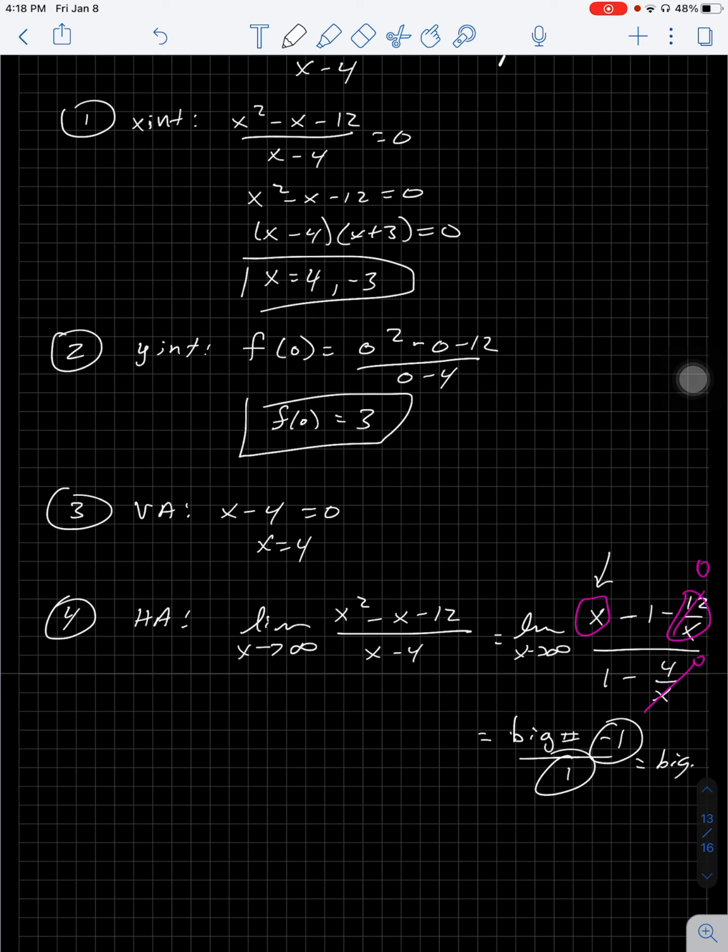And if you divide by 1, that doesn't change the value. So this limit is actually going to infinity. It's getting bigger and bigger as x gets bigger. So that's the first place where we go, how do I have a horizontal asymptote at infinity? Okay, that means that there's no horizontal asymptote.